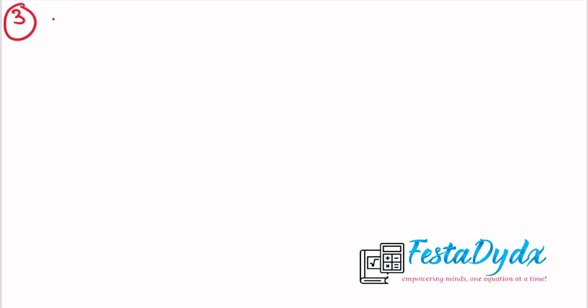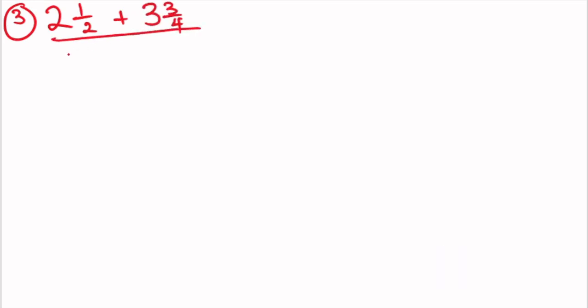For question number 3, we have 2 whole number 1 over 2 plus 3 whole number 3 over 4, all over 2 whole number 1 over 6 minus 1 whole number 1 over 3. The first step is to convert every mixed fraction to an improper fraction.